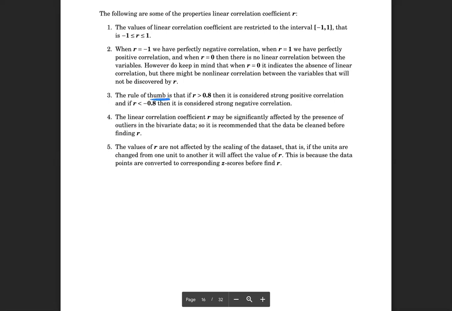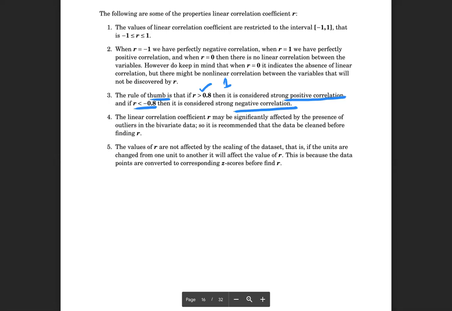One is, if R is greater than 0.8, the highest value it could have is 1, right? If R is greater than 0.8, it is considered strong positive correlation. On the other hand, if R is less than -0.8, then it is considered strong negative correlation.